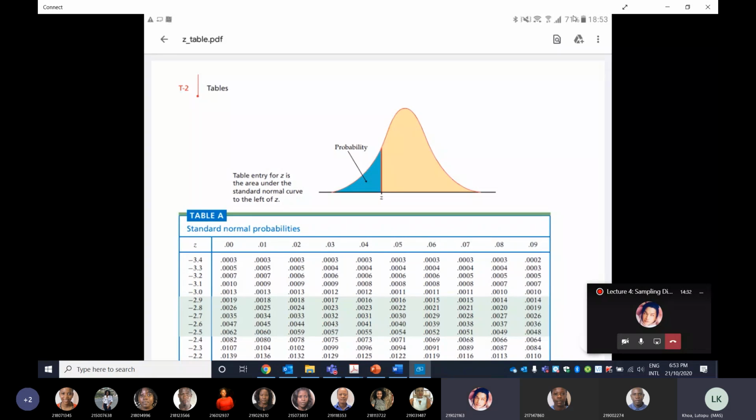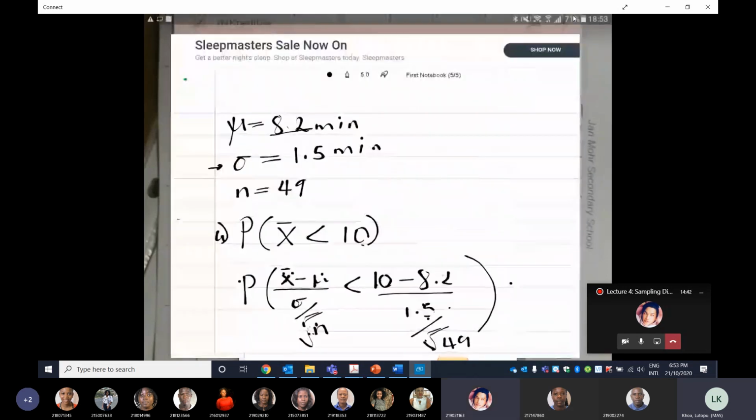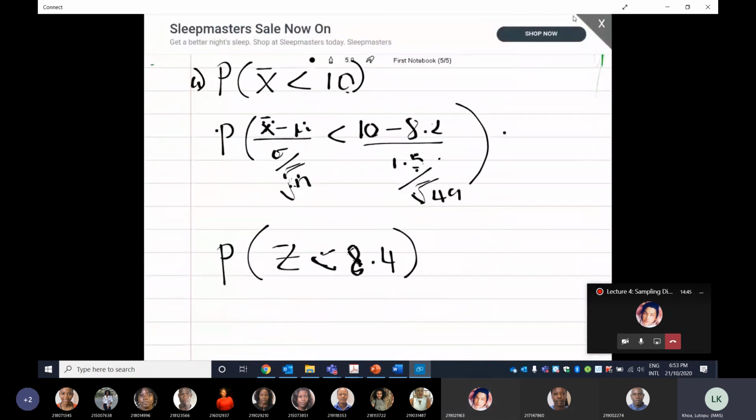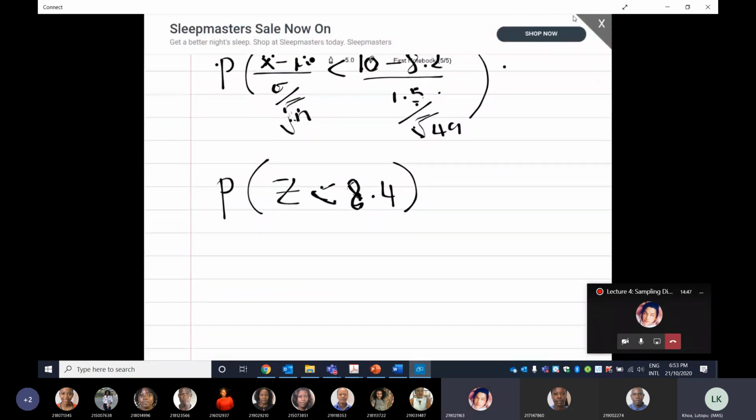Before you go to your table, you should always identify the area that you are trying to work out. So if I go back over here, I want the probability that Z is less than 8.4. So I'm going to draw a sketch of my normal distribution.